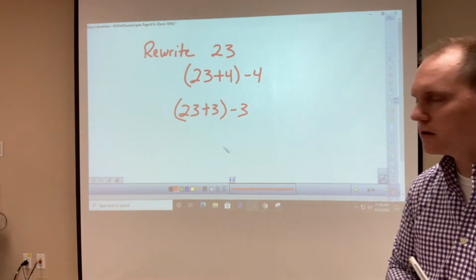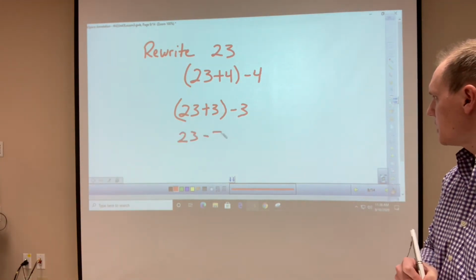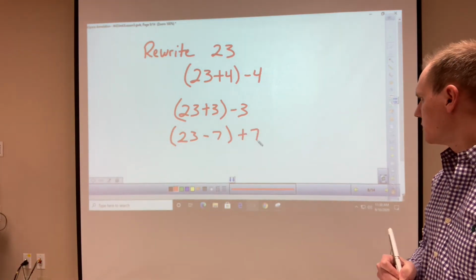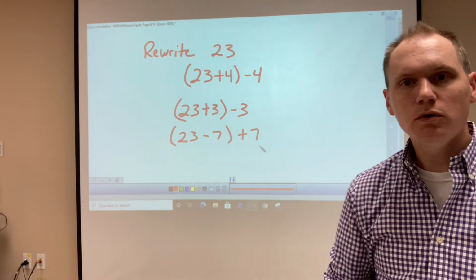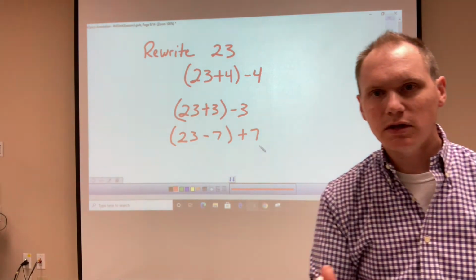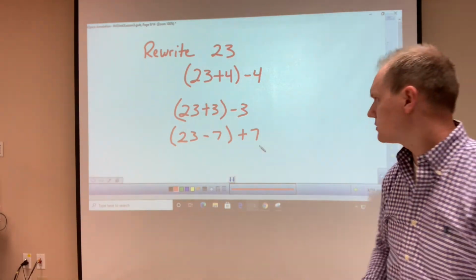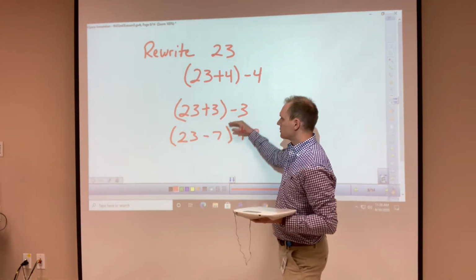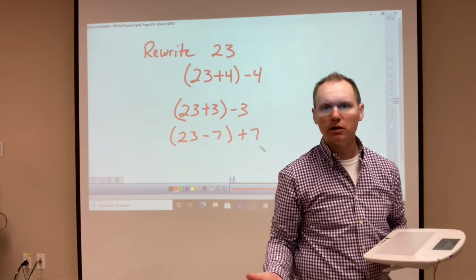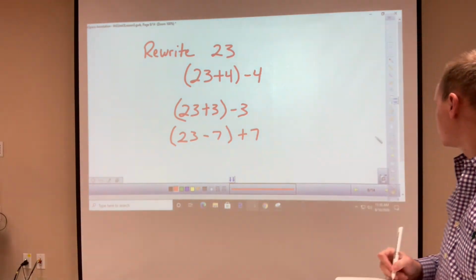Yeah, same thing, right? Or 23 minus 7 plus 7. Same thing. So that's what we've been doing, right? We've been adding something to the inside, but subtracting it, or at least doing the opposite sign on the outside. That's all we've been doing. So hopefully you can connect this to what we've been doing and what we're about to do.